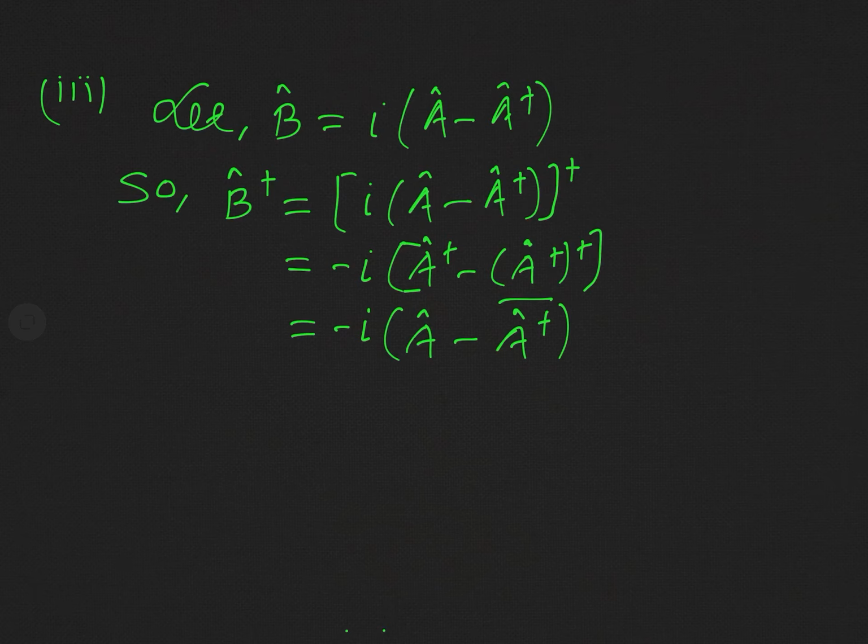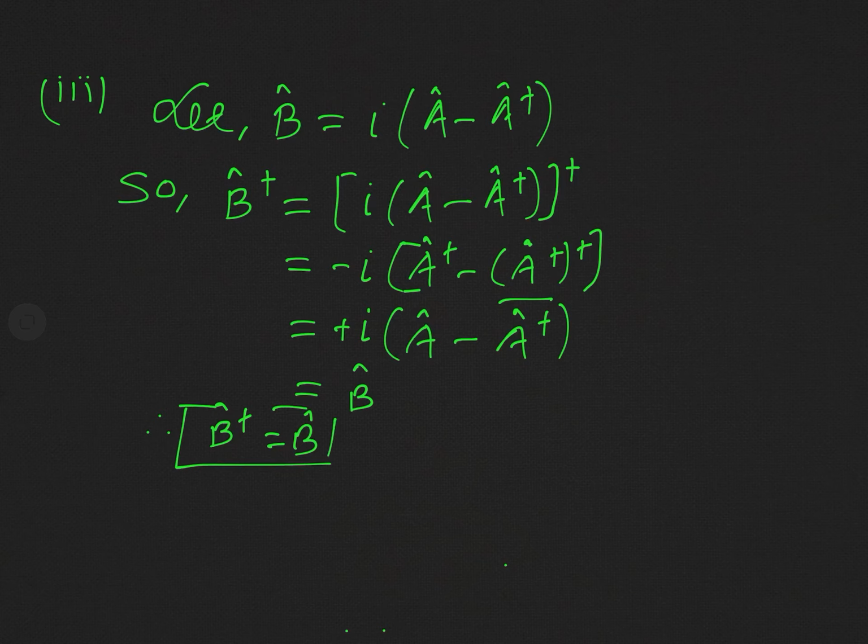And we can write it this way: this will be plus, because this is A hat with a minus sign and this is with a plus sign. So we will take the minus sign common. And what we see is that this is simply B hat. Therefore, B hat dagger is equal to B hat.